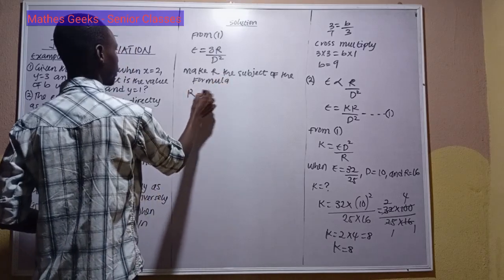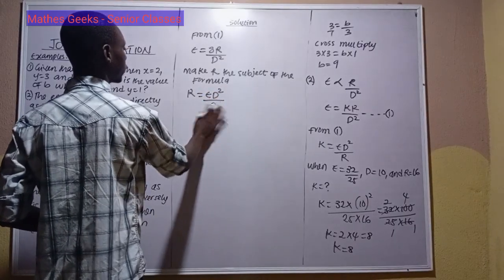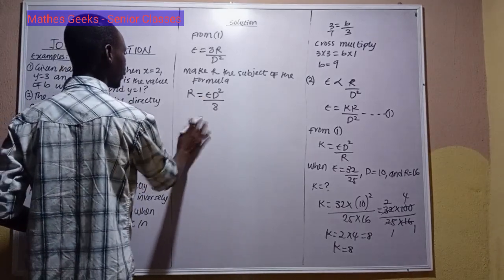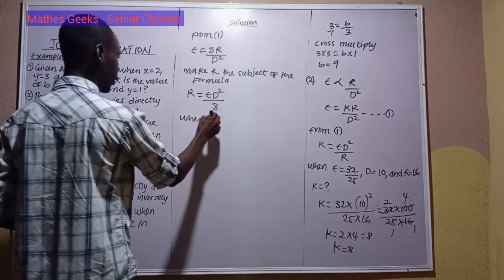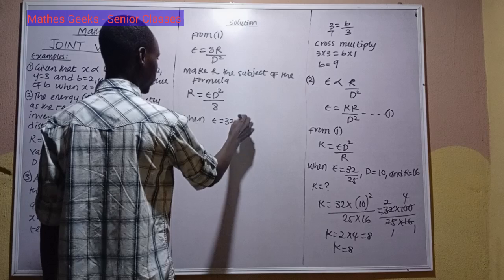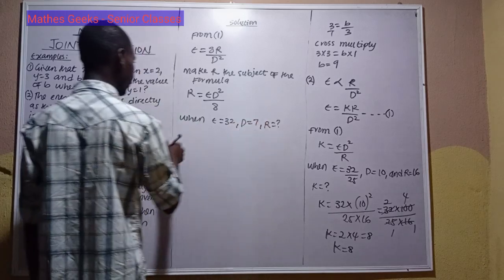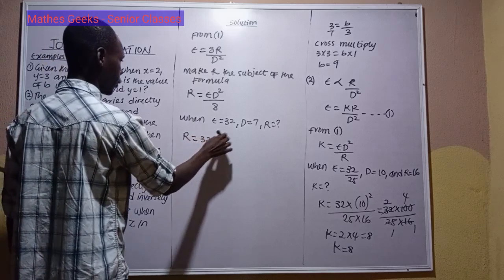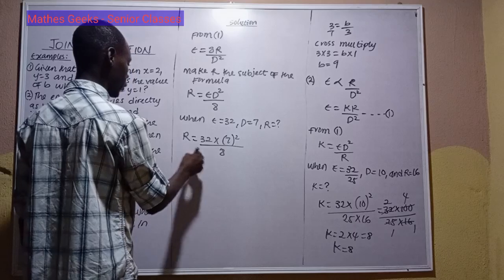So R is equal to E d squared over 8. When E is 32 and d is 7, R is equal to what? 32 times 7 squared over 8.